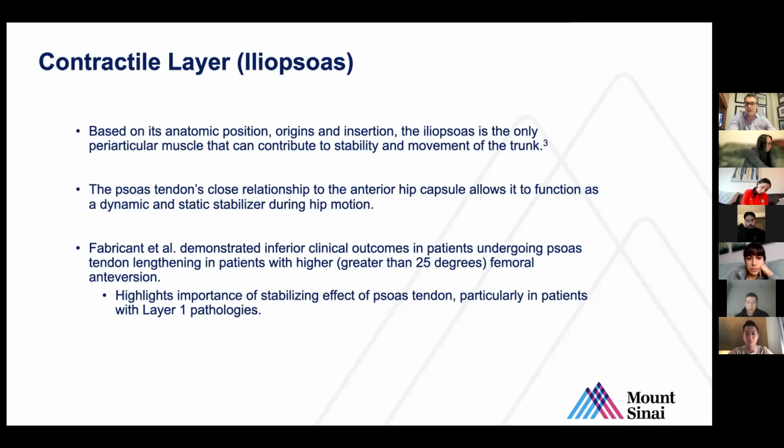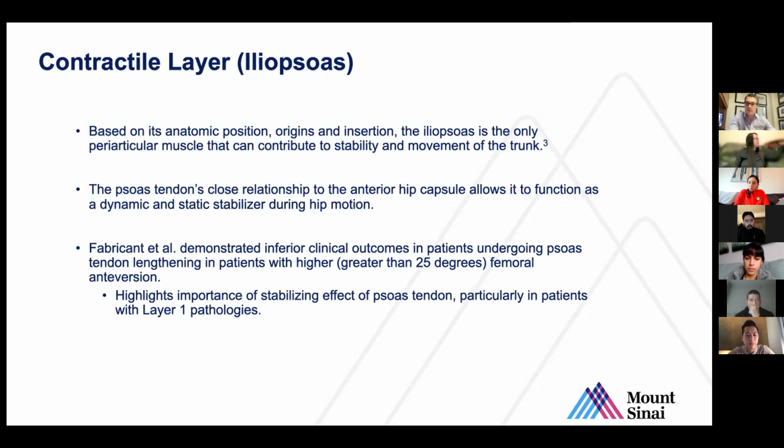This study by Fabricant that we put in here demonstrated inferior clinical outcomes of patients undergoing a psoas tendon lengthening. So basically, in the scenario I just described, you might go in and see a lesion on the anterior acetabular labrum. Some have thoughts that it's due to the iliopsoas, so therefore we should release or lengthen the iliopsoas. Well, we found that you contribute to instability when you do that, especially in patients that are ligamentously lax and in patients that might have borderline hip dysplasia.